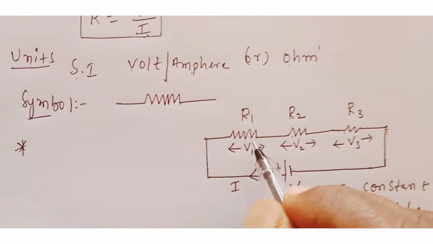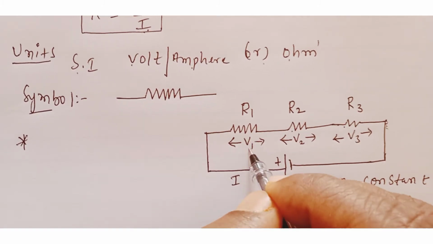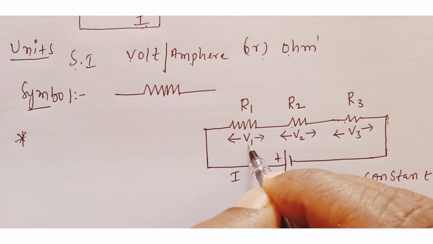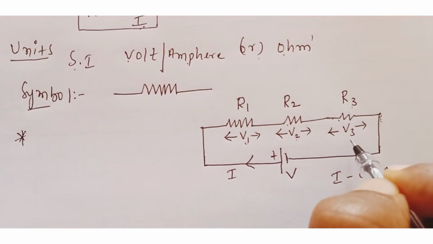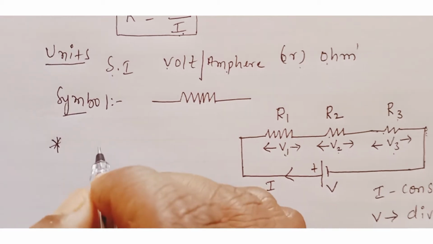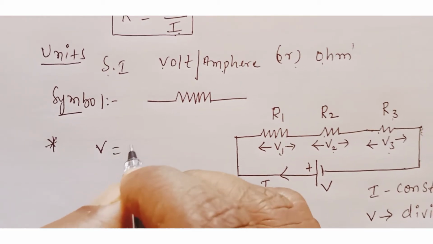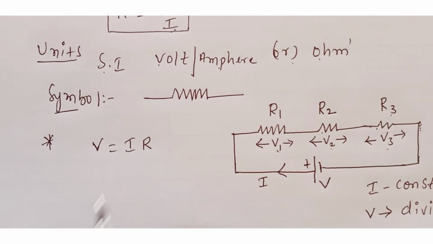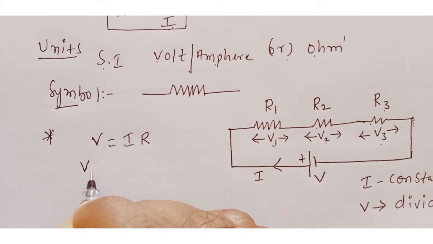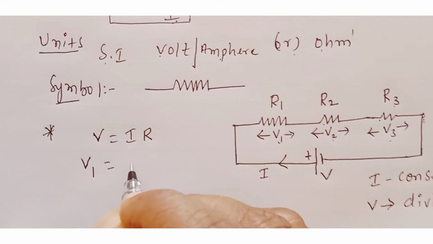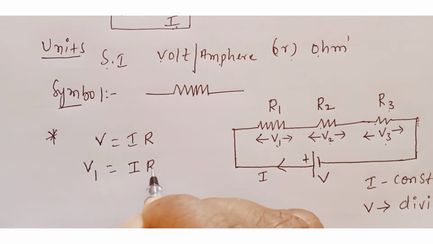Now, potential drop. What is the potential drop across the first resistor? First resistor is V1, second resistor is V2, third resistor is V3. Now observe, according to Ohm's law V equal to IR. The potential drop across the first resistor is I R1. Why?